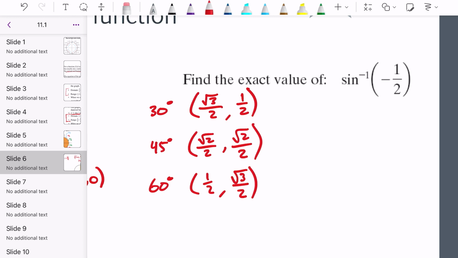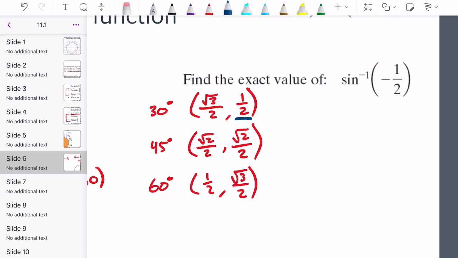Now in this case, we are looking for a 1/2 in the sine position. Because of that, we're going to have to realize that the main degree that we are looking at would be our 30-degree angle.